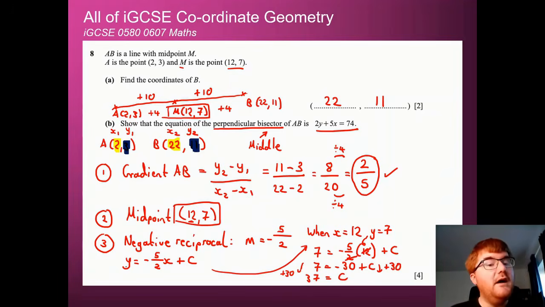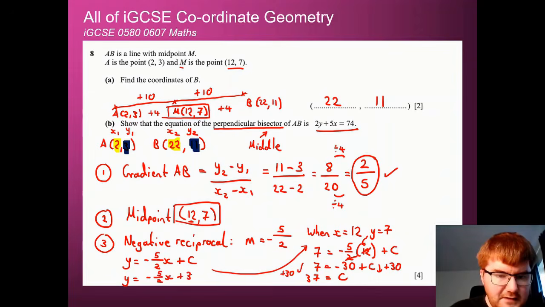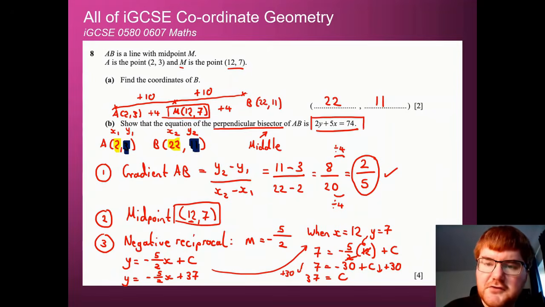So our answer in y equals mx plus c form is going to be y equals minus 5/2x plus 37. Now you might think that's the answer at this point, but notice they want it written in this kind of strange way over here. So we're going to have to do a little bit of massaging to get it in the form that they want.